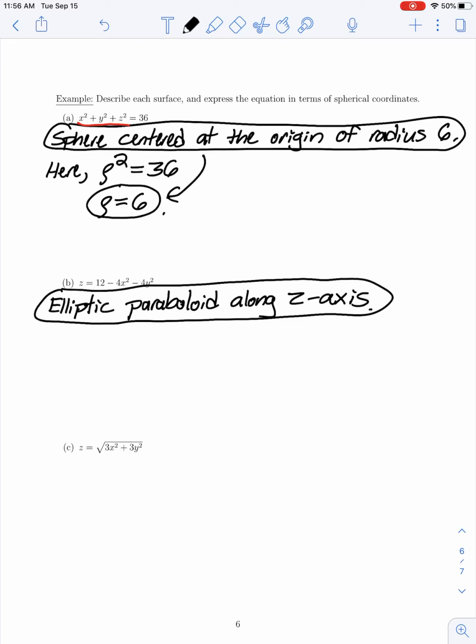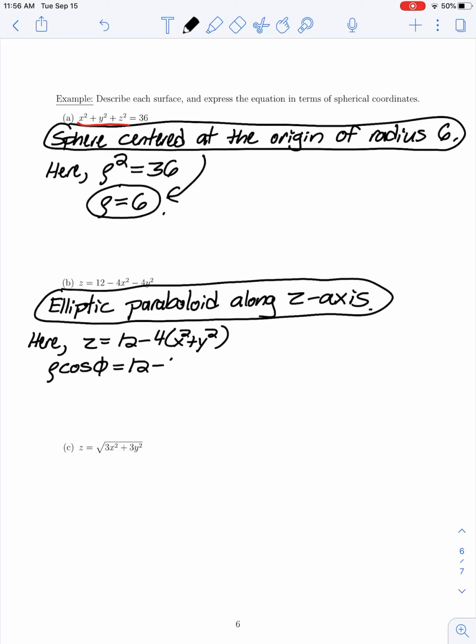So here, let's take a look at this. We have z is equal to 12 minus, if I factor out a 4 from these second two terms, I've got x squared plus y squared. Now let's think about what z is equal to in terms of spherical coordinates. z was given by rho cosine phi.